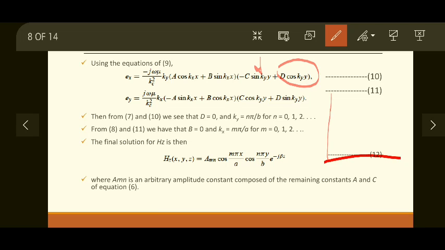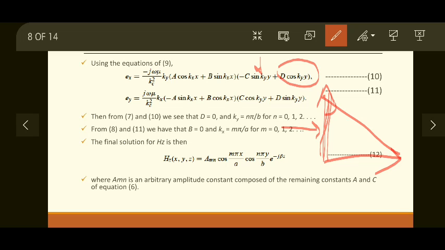Let's consider again the x and y axis. Now if we combine this, this is theta, and the cos component is along the y axis. So for y equal to 0, this cos component will always be equal to 0, and the sine component will be present.